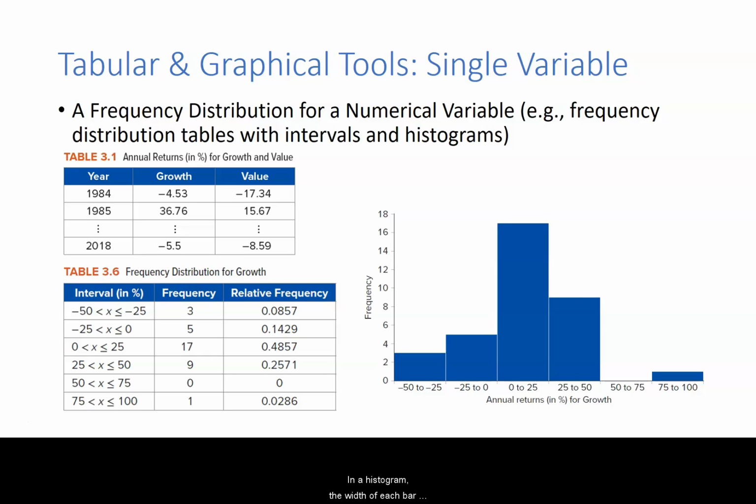In a histogram, the width of each bar represents the interval width, and the height of each bar represents the frequency. As you can see from the histogram in this slide, it packs a lot of information in a simple graph, including the range of the data, frequency distribution, and the relative frequency of the intervals, and communicates what's in the data effectively to the intended audience.